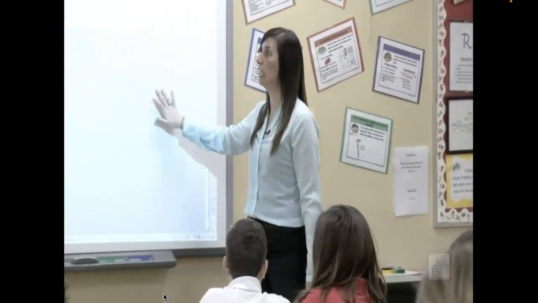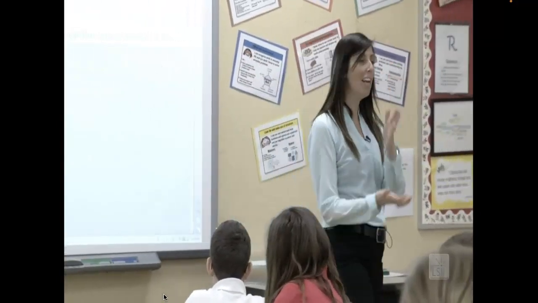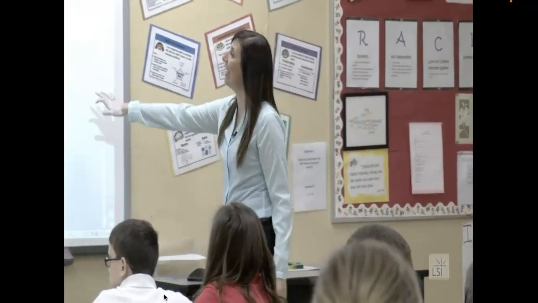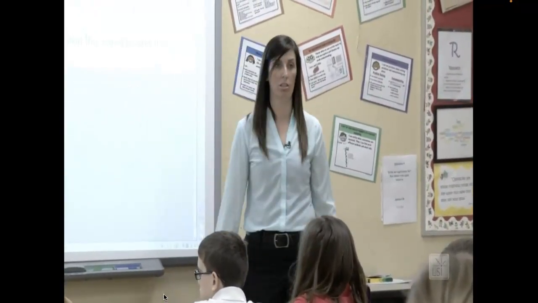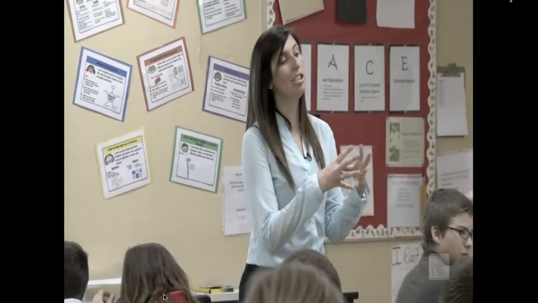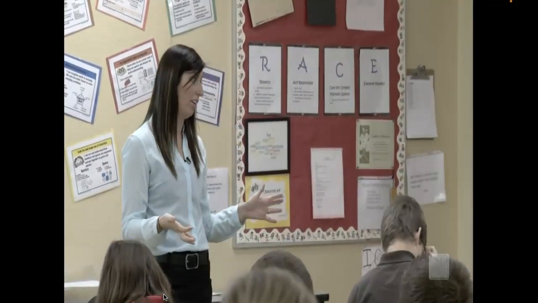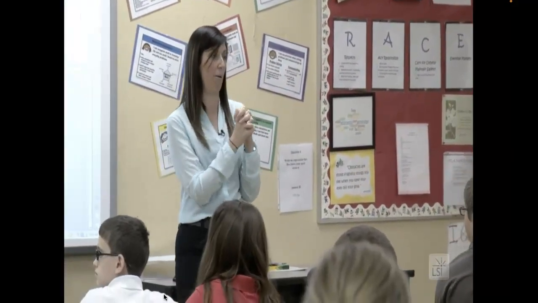Whatever the letter is, we need to identify it. We need to identify the relationship between the variable and the number. What do I mean by that? I need to know, is it being added? Is it being subtracted? Is it being multiplied? Is it being divided? That's the relationship I'm talking about.